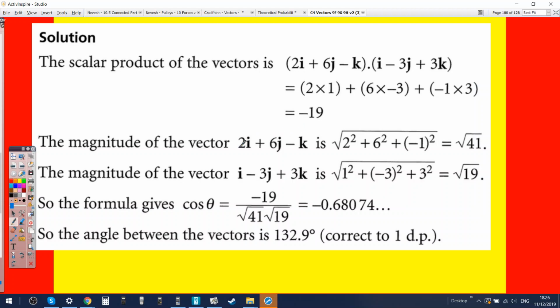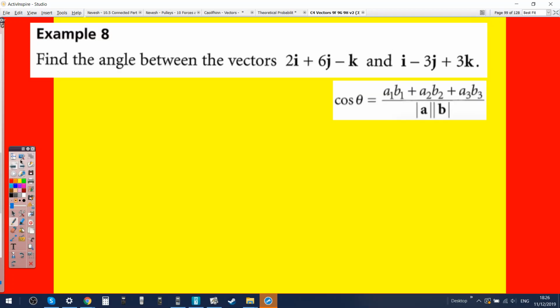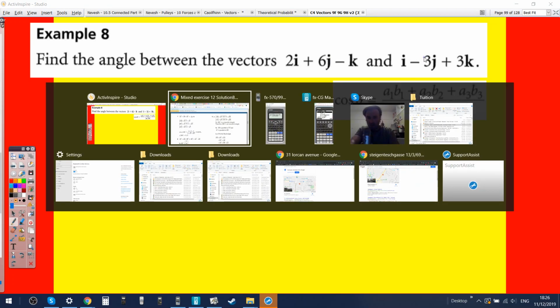And then that's over the two magnitudes multiplied by each other. And so this is, find the angle between this vector and this vector. Okay.